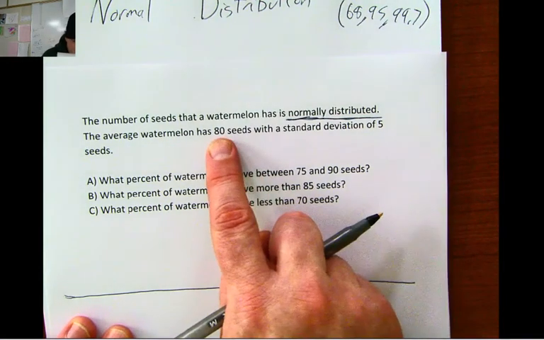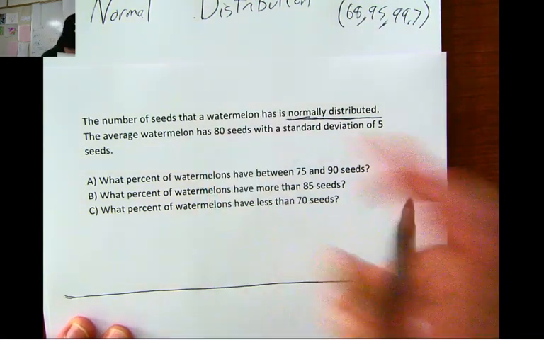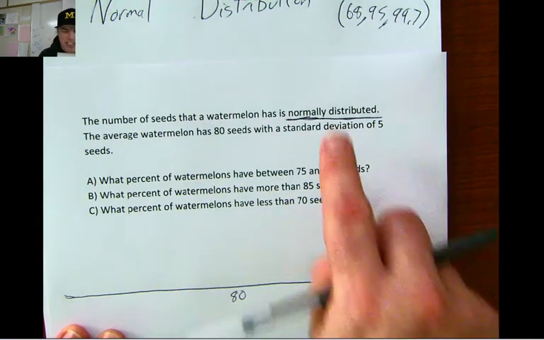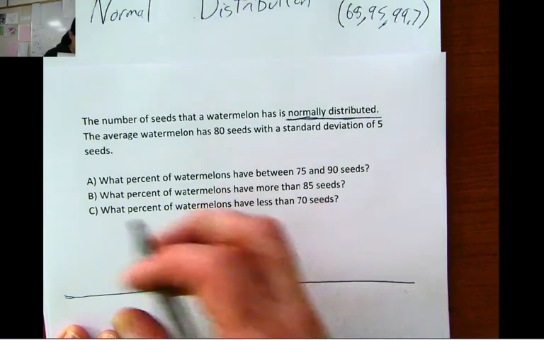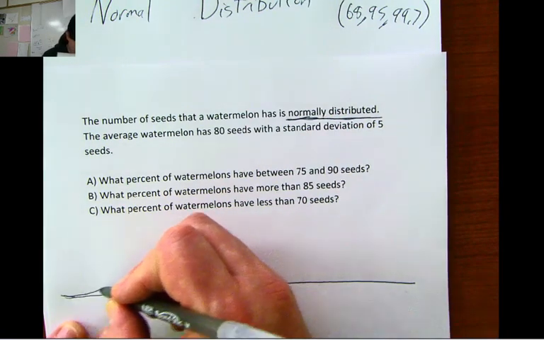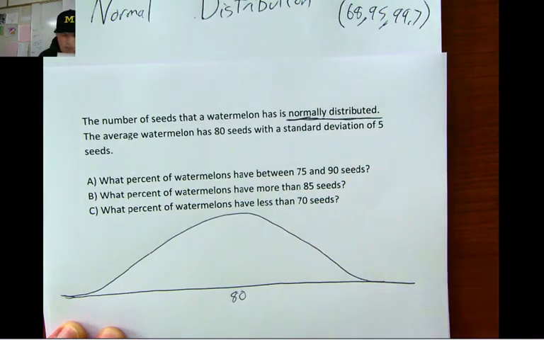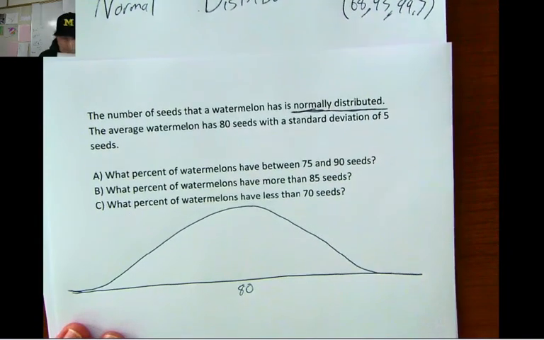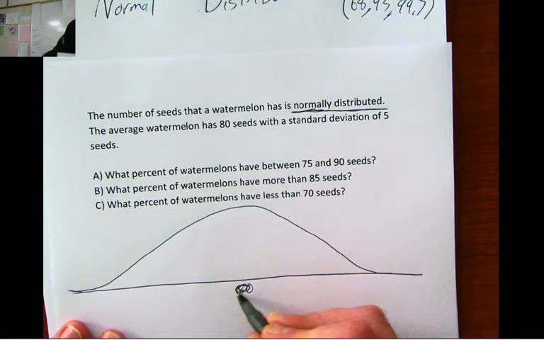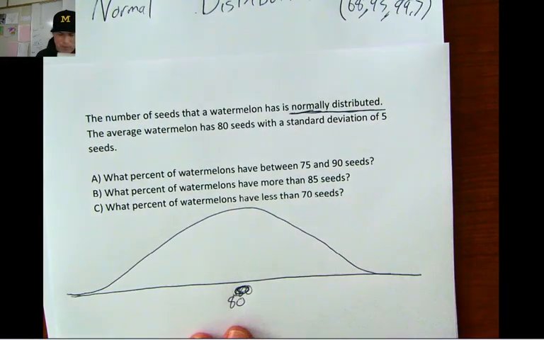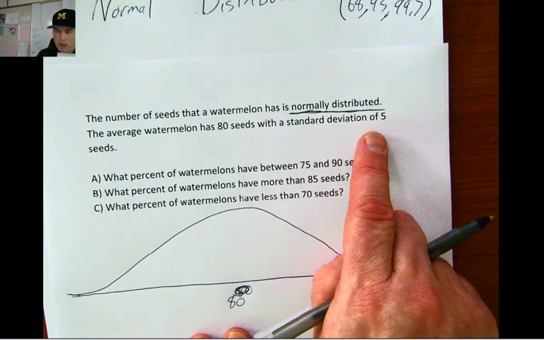The mean, the average, is 80 seeds, so that goes in the middle. And because it's normally distributed, we have a standard looking bell curve here. And in the middle of my bell curve, not a very good bell curve here, the middle's not right about here. Standard deviation of 5 seeds.